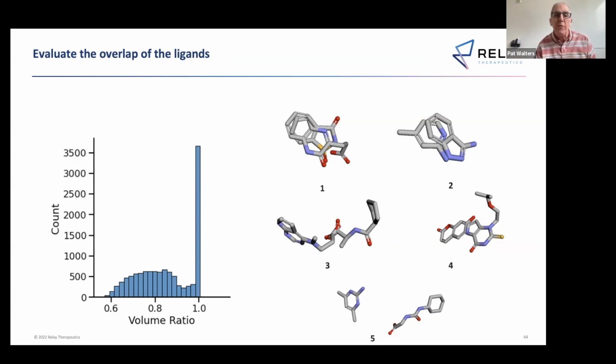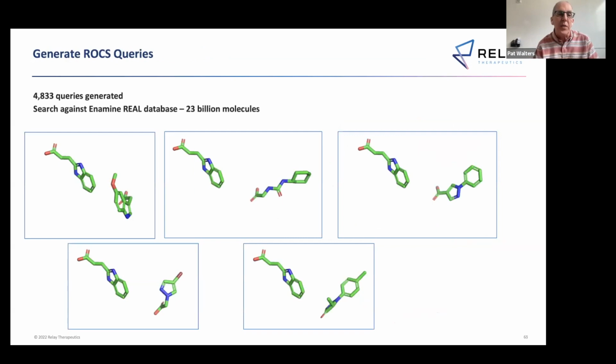So we also filtered based on just the volume overlap, and we didn't want things that overlap. But this was still a lot of queries. So when we looked through all of these and we started filtering based on things that were close enough, but not too far away, but didn't overlap, that gave us almost 5,000 queries.